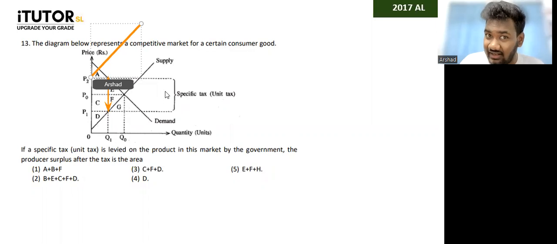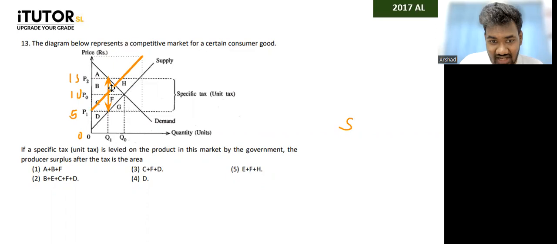For example, this is 5 rupees, this is 10 rupees, this is 15 rupees, this is 0. If they say the government imposed a tax of 5, you start from here because the difference between these two is 5. If they say the government imposed a tax of 10, then you start from here because the difference between these two is 10. So be very careful with that. In our question, there are no numbers though.